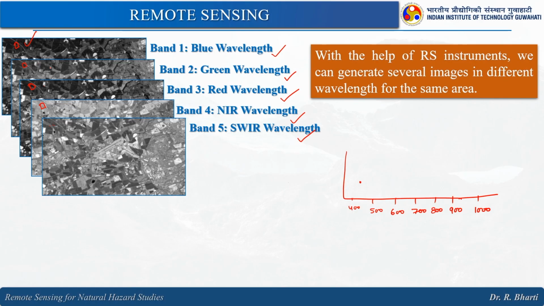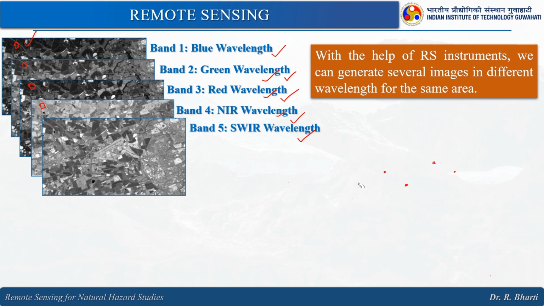For the same pixel, in this green wavelength we have a value here, for the red wavelength we have one value here, for the next NIR band we have one value here, for the SWIR we have one value here. So, if we connect them, we will have the information related to this particular material, how it is behaving with respect to wavelength, right.